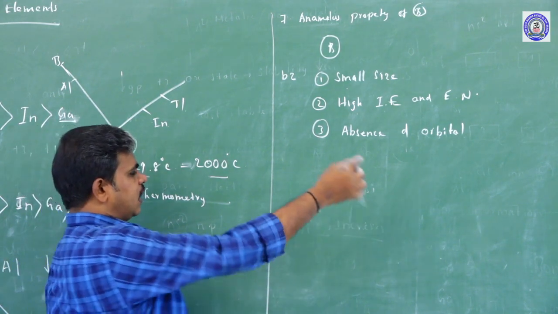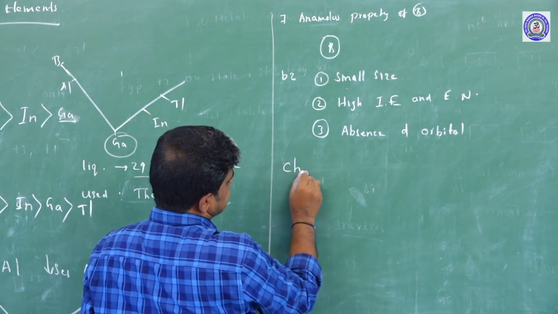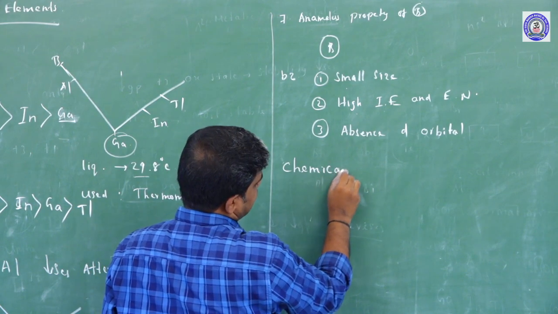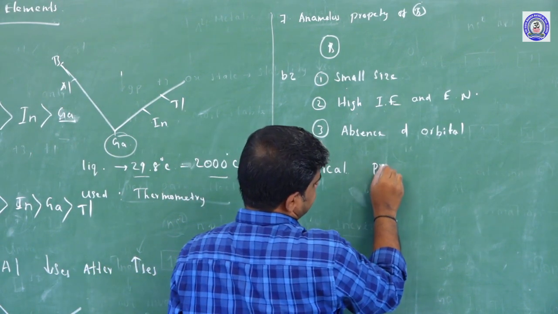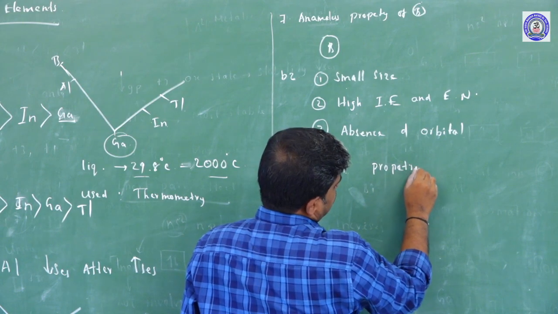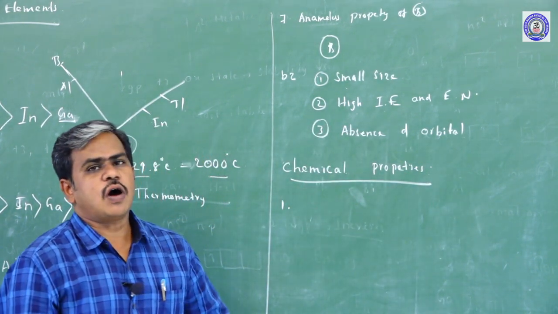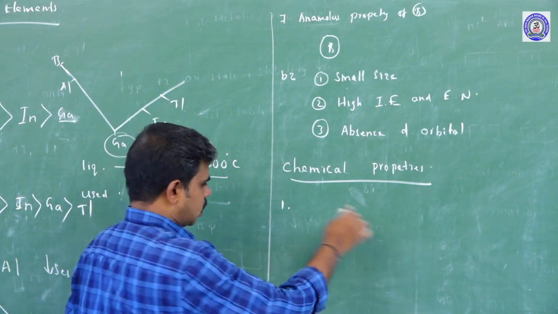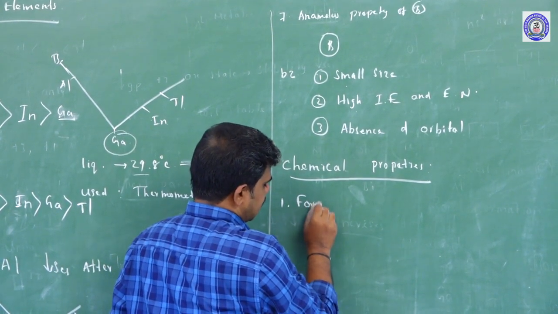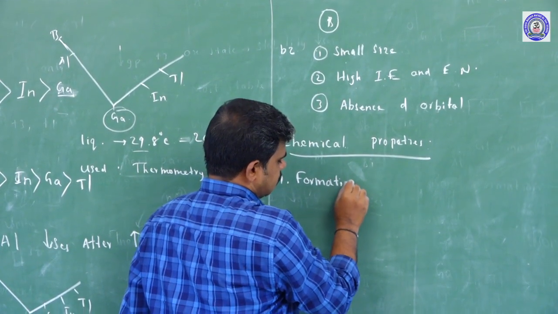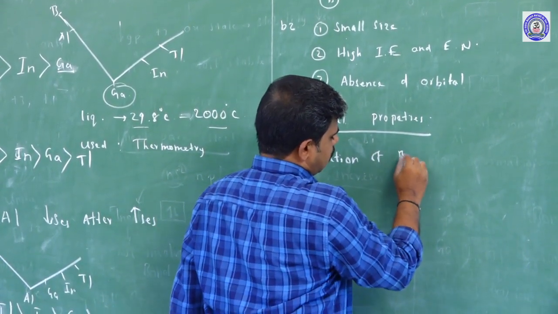Okay. Now, we take the chemical properties of boron. The first one is formation of boride.